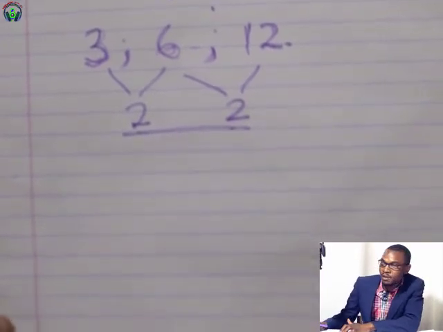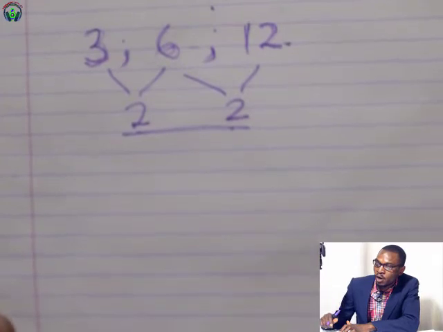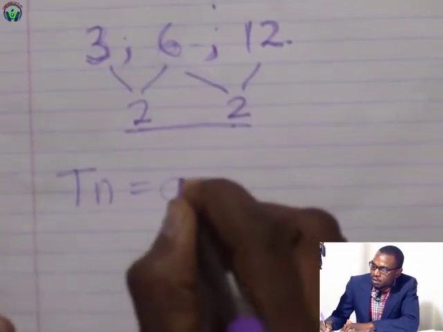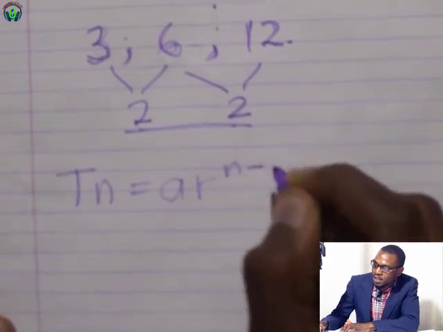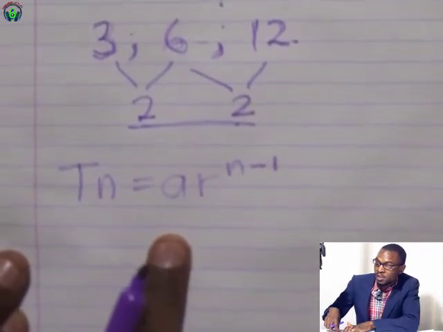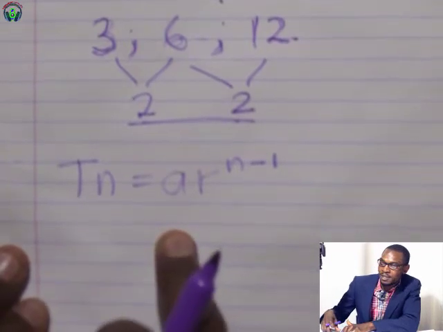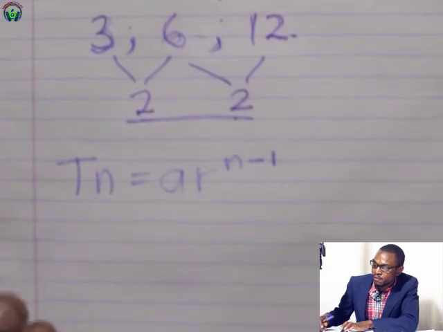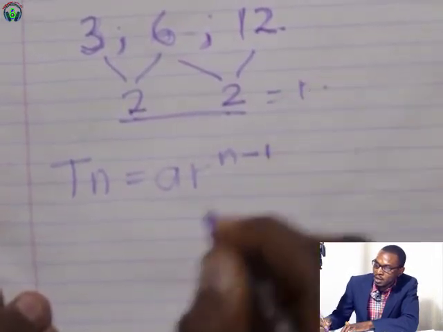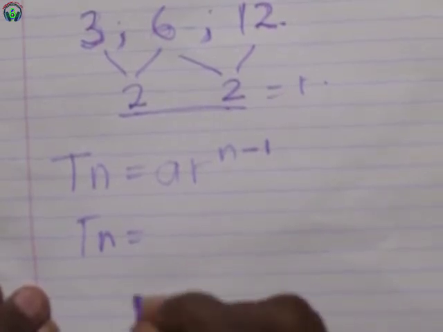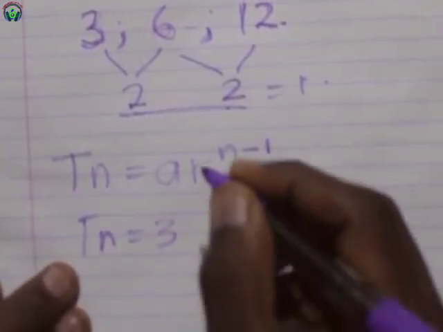Now we have to continue in finding the general formula of the geometric sequence. From our formula sheet, we obtain the general formula of a geometric sequence. Now we must find the particular formula for this sequence 3, 6, and 12. We found the common ratio r, which is 2. A represents our first term, which in this case is 3.